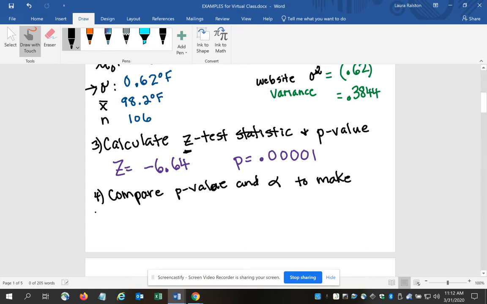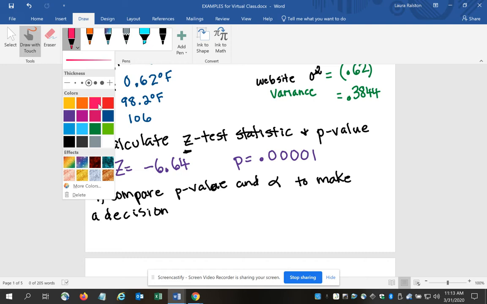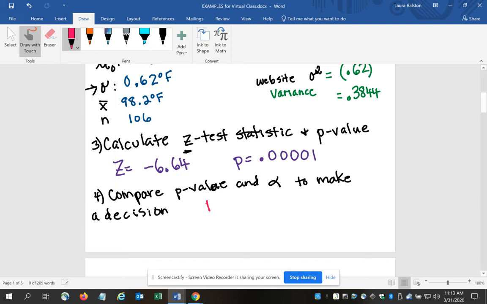And that decision is either going to be to reject the null hypothesis or fail to reject the null hypothesis. So let's do the comparison. My p-value, which came from the calculator, is 0.00001. Alpha, which came from my problem, my significance level, is 0.05.